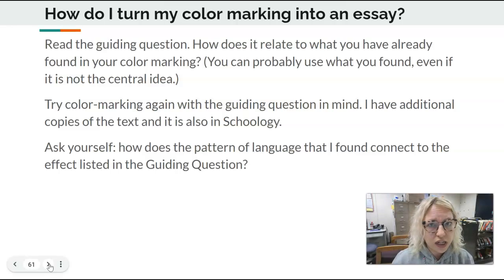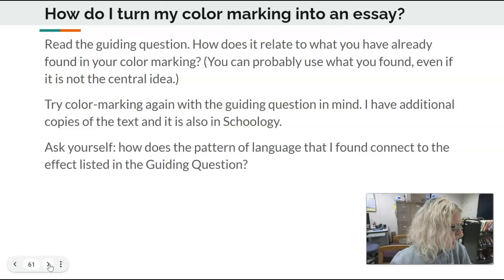So each guiding question has some kind of technical aspect or authorial choice, whatever you want to call it, like imagery, and I'm forgetting what the second one is right this second, but the references, I think, right?